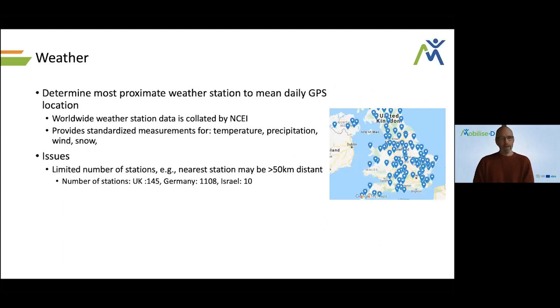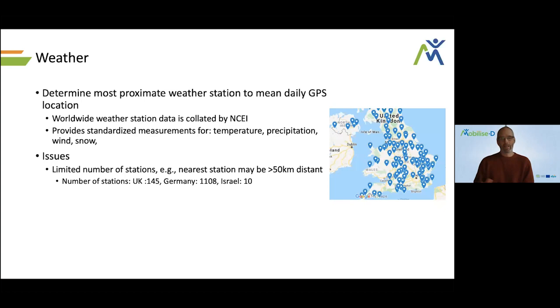For weather, we determined the location of everyone during each day, the mean location, and then assigned the most proximate weather station to that. And then that weather station provides standardized measurements for temperature, precipitation, wind speed and direction, snow, etc. The principal issue with this is the limit in the stations, and that limit changes from country to country.